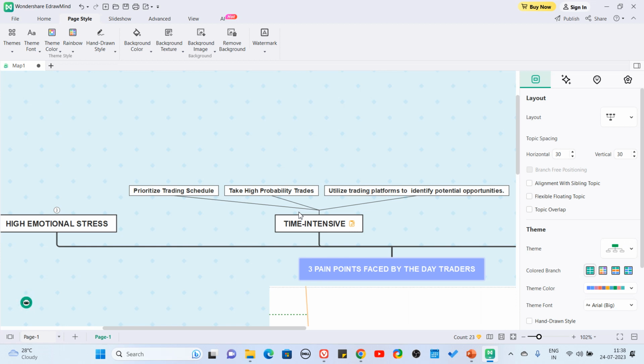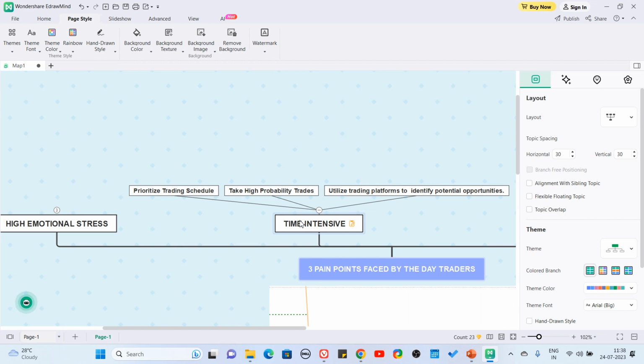You just have a Wi-Fi connection with a good laptop, and you're going to act upon it. So when we have such a huge advantage on our side, what you should do is prioritize trading schedule. I will explain it further.